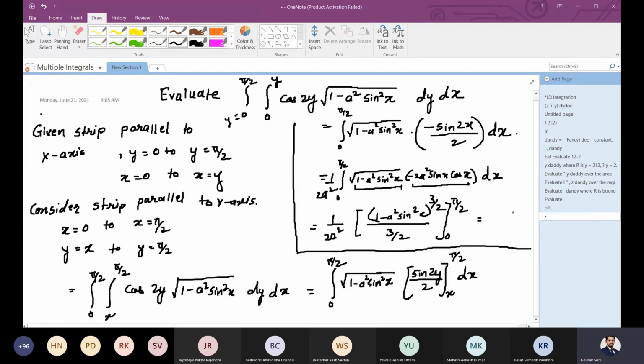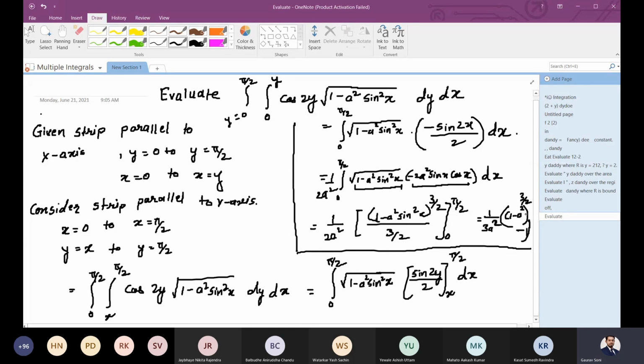So we'll have 1 upon 3a square, when we put the upper limit, 1 minus a square sin square pi by 2. But sin pi by 2 is 1. So we'll have 1 minus a square raised to 3 by 2. And when you put the lower limit, this is 0, so we'll have minus 1. That is the final answer.